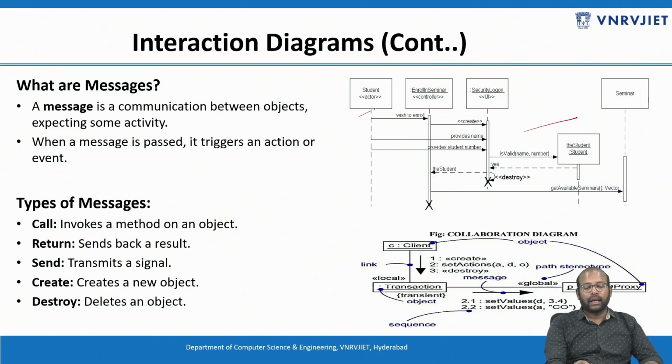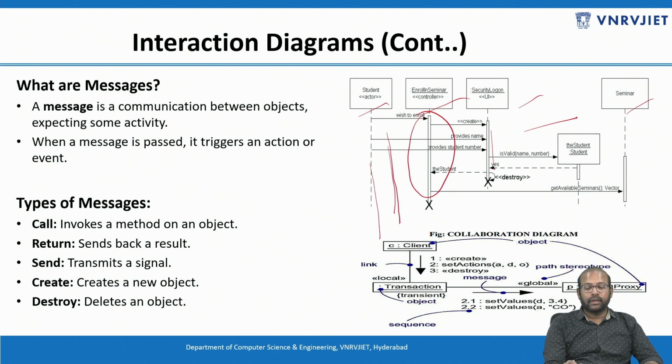First we'll have the objects, and this dotted line representation is called the timeline, and this is called the flow of control. Whenever one object interacts with another object and starts exchanging messages, the flow of control is shown with the help of this rectangle box, and these are the timelines.